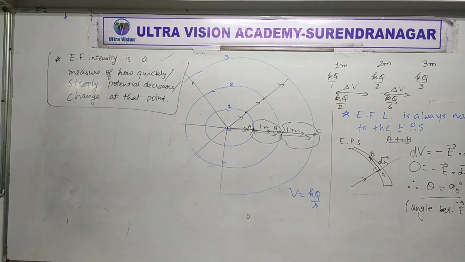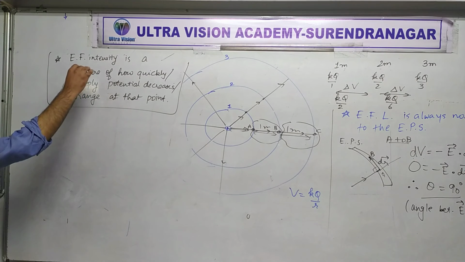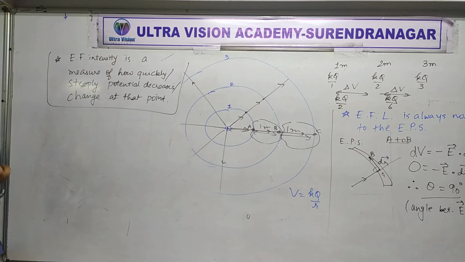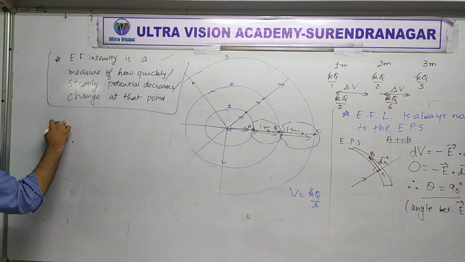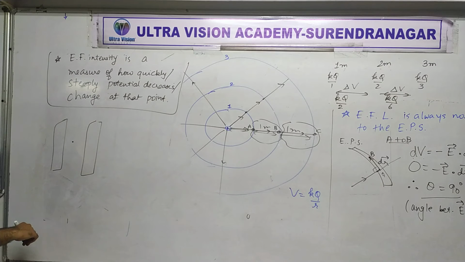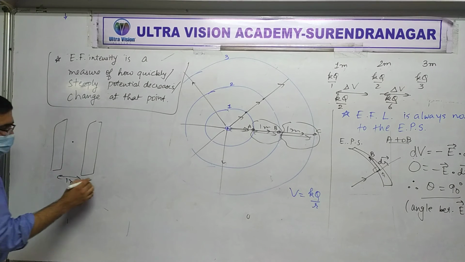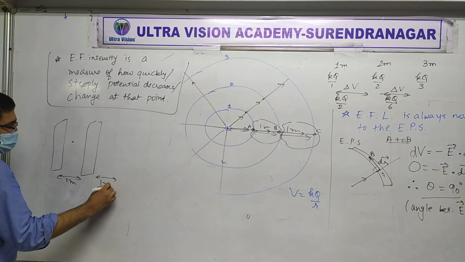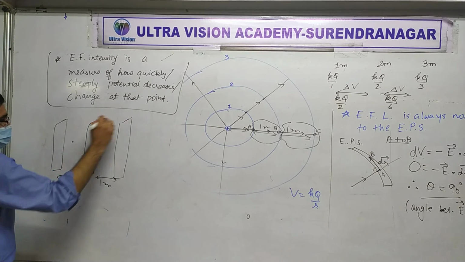So what is this telling you? That if at some point electric field is more, then the potential will change or drop quickly. Again, let's consider it by another simple example.